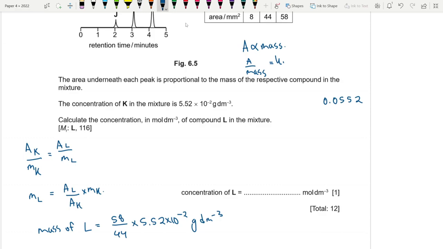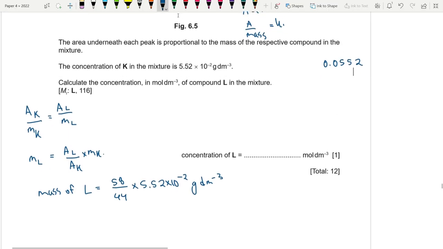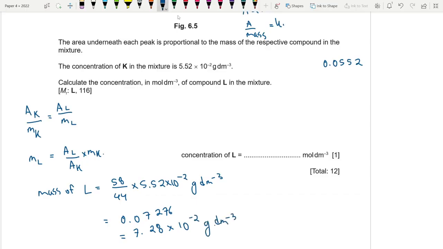So 58 by 44 times 0.0552. Yeah, now it matches as 0.0727. Okay, that's great. So I'm getting a value of 0.07276, which is basically 7.28 rounded off, right? 7.28 into 10 to the power minus 2 grams per dm cube, of course.